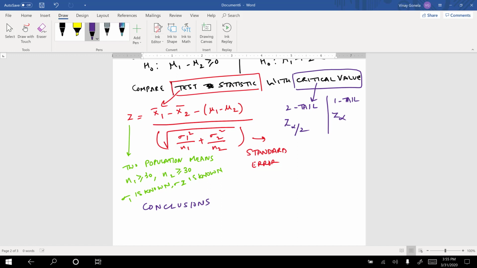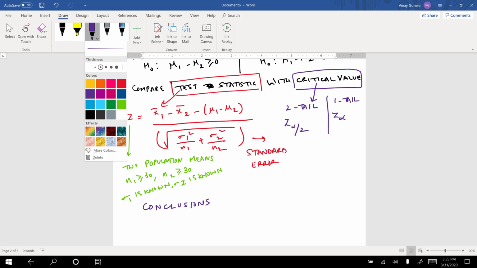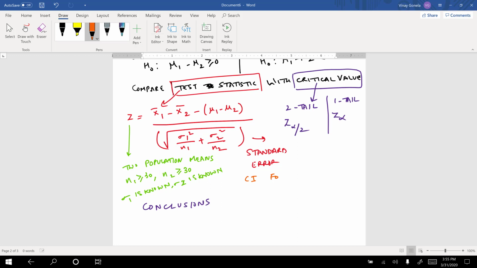So the confidence interval formula for mu1 minus mu2, that is for comparison of two populations, would be x1 bar minus x2 bar, plus or minus Z alpha over 2, and then the square root of sigma 1 square by n1 plus sigma 2 square by n2.